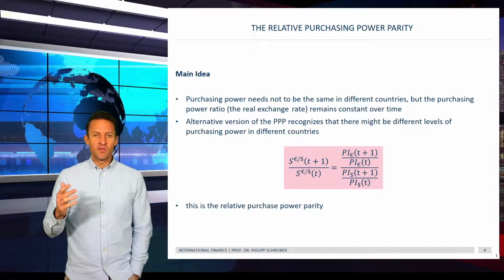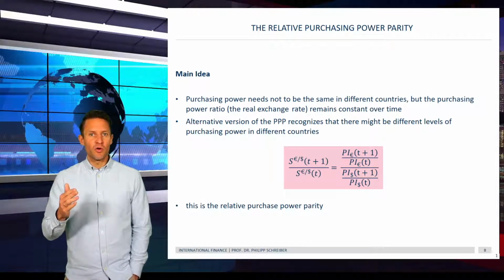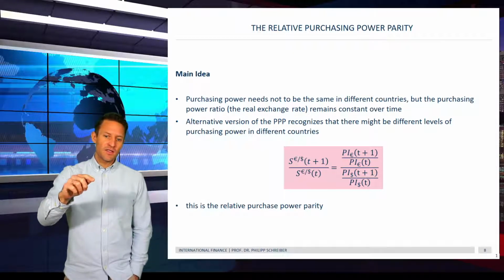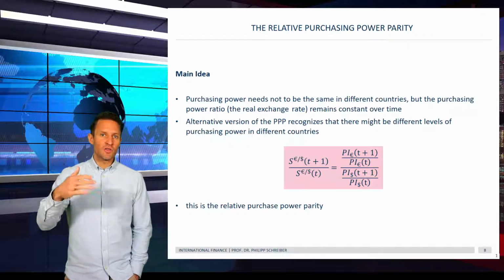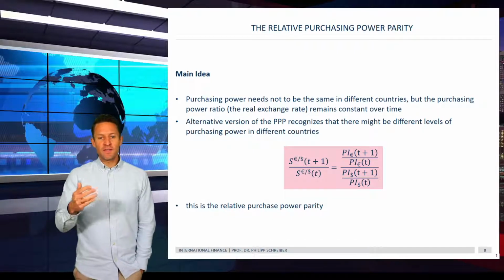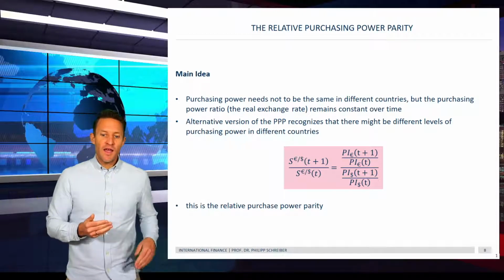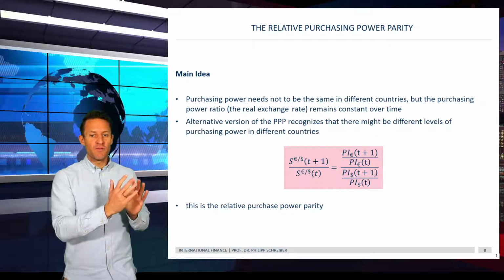Let's say tomorrow the exchange rate is 1.2, today it's 1.0, then this left part of the equation would be 1.2. It changes by 20%. And we should be able to explain this change by looking at the change in prices of these representative baskets.